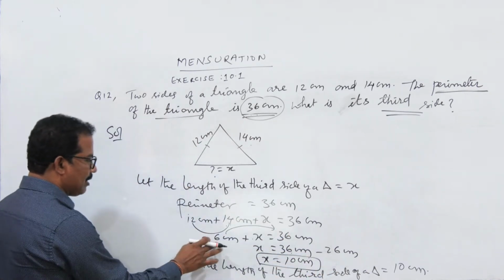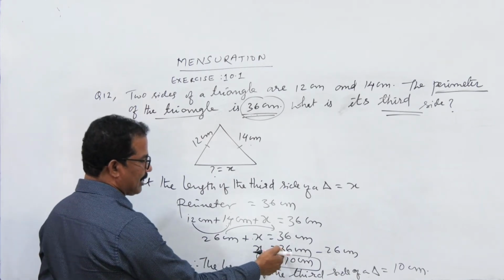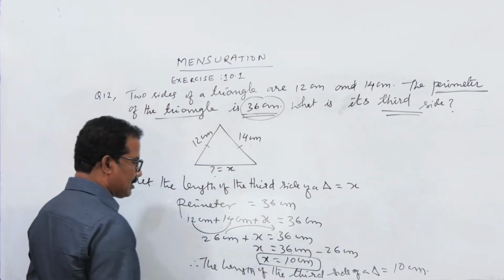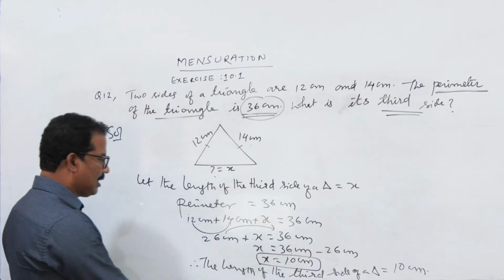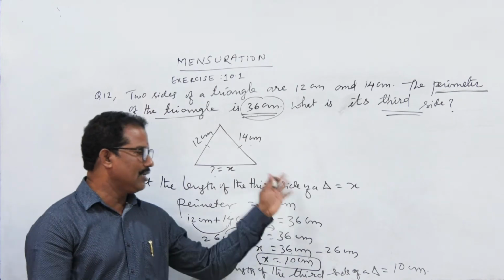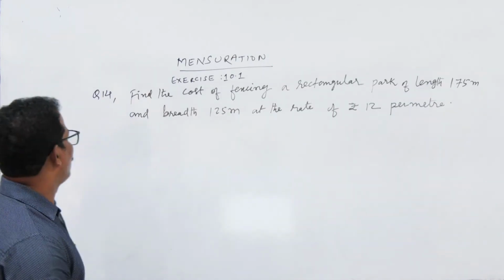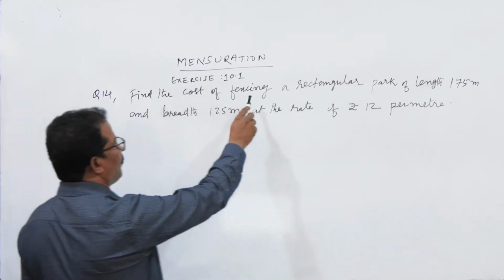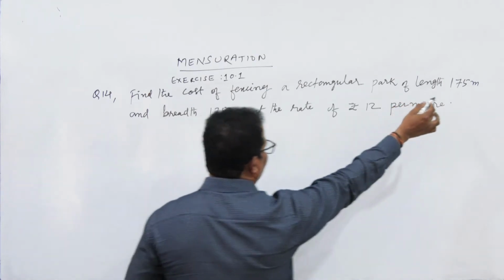We know that when any number goes from one side to another side, the sign is changed. So now 36 minus 26, whose difference is 10 centimeters. So the value of x is 10 centimeters. That means the length of the third side of the triangle is 10 centimeters. Understand?